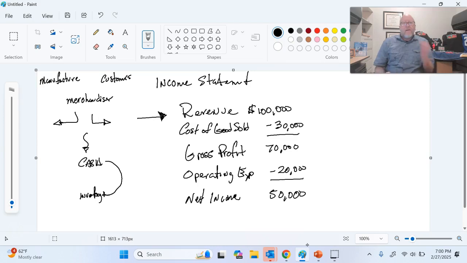I'm going to go buy Barbie dolls and TVs. I'm going to mark up the inventory and sell that inventory to consumers, and hopefully that generates more cash. And then with the more cash, I'm going to go out and purchase more Barbie dolls, more TVs, and it's just going to be this continuous cycle that we refer to as the operating cycle.